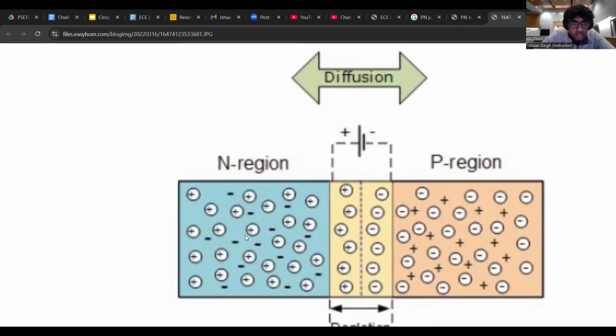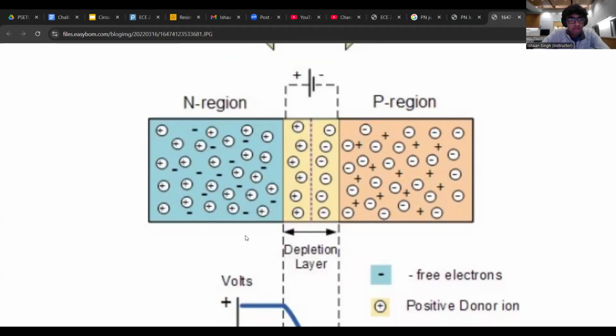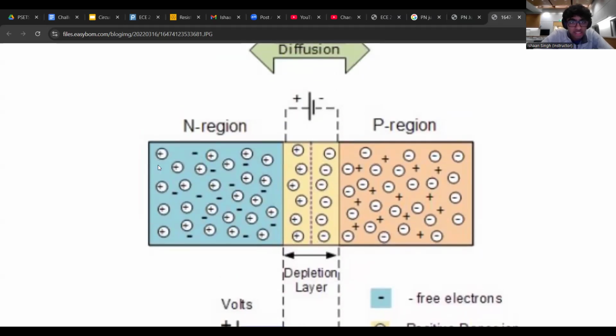What I want you to see is, kind of low quality, but the positive charges on the N side are fixed in place, okay? These are positive things that are just stuck. They are nailed down to the table. And on the P side, the negative things are nailed down to the table. But those minuses are free to float around on the N side. So the N side as a whole is electrically neutral, but the minuses can float around and the pluses are stuck.